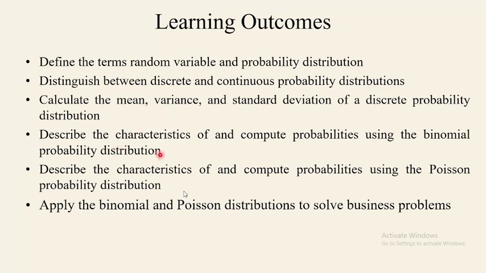You will be able to describe the characteristics and compute probabilities using the binomial probability distribution. You will be able to describe the characteristics of and compute probabilities using the Poisson distribution. Apply the binomial and Poisson distribution to solve business problems, right? These are the learning outcomes we expect from you.